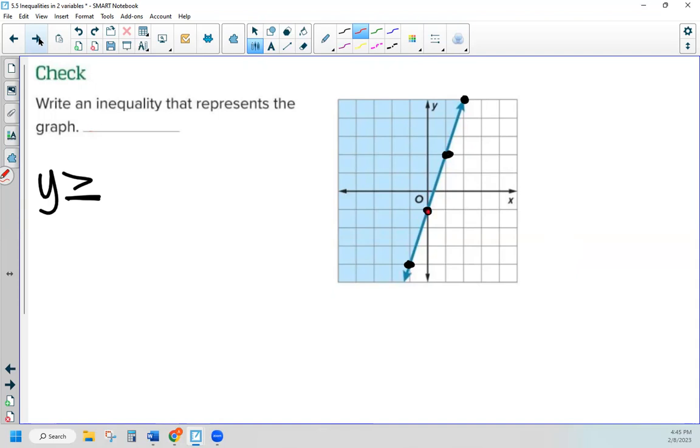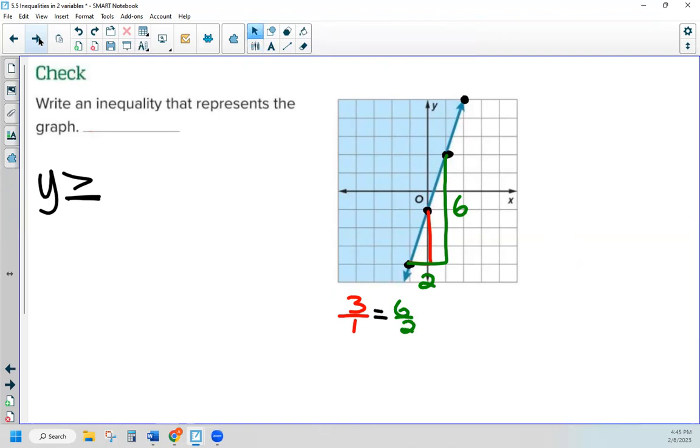Trust me. Notice that we have 3 over 1 here, right? What if I actually chose to go from this point to this one? Well, then you have 6 over 2, right? So the red one was this 3 over 1. Well, isn't that the same thing as the green one, which is 6 over 2? Because 3 over 1 is just 3. 6 divided by 2 is just 3.